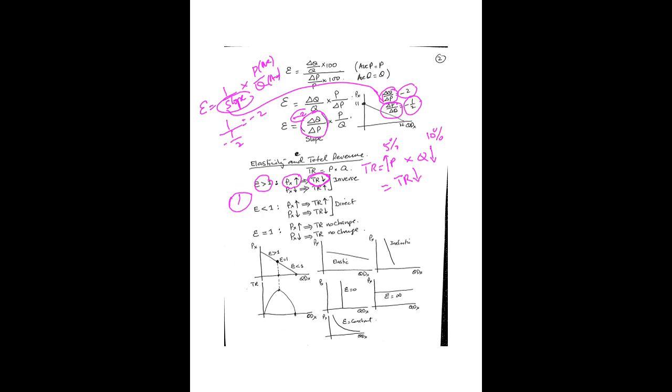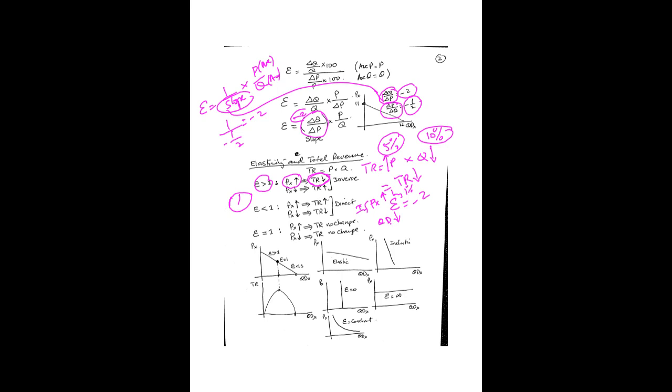Now, if price increases by 5% and quantity demanded decreases by 10%, it means that elasticity of demand is -2. How do I know? What is the meaning of -2? -2 means if the price of X increases by 1%, quantity demanded for the same product X decreases by 2%.